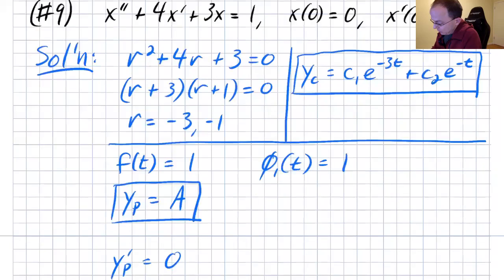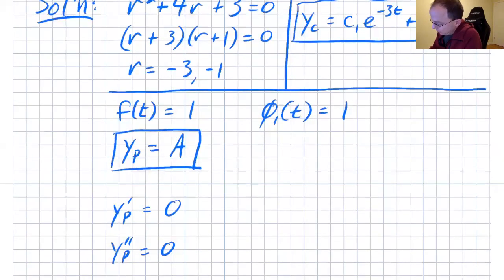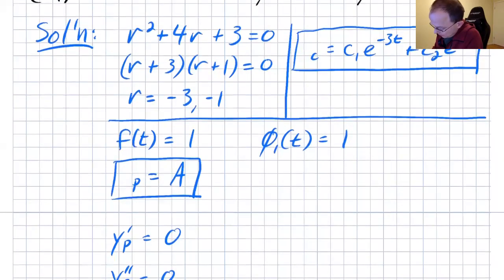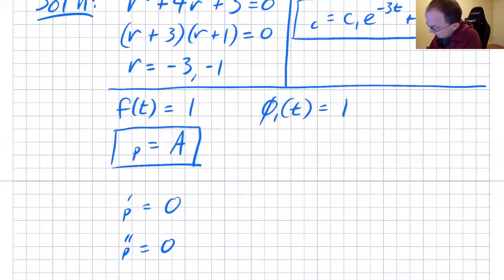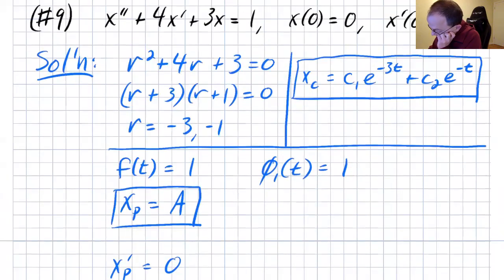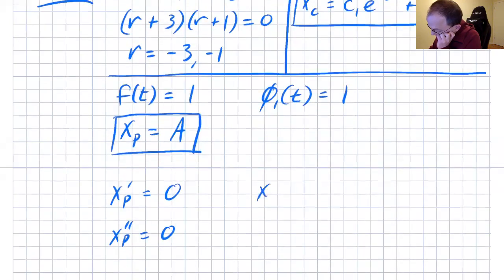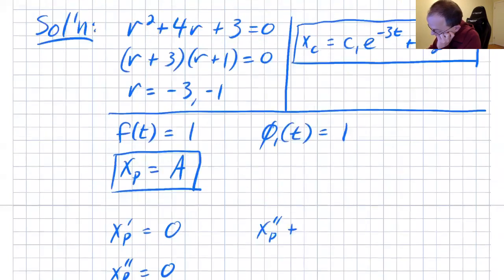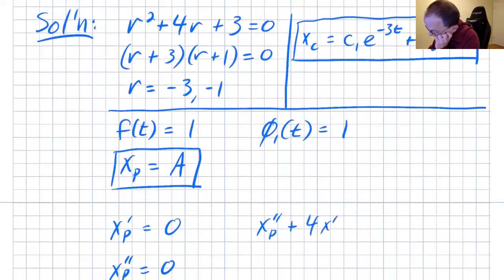So then let's substitute that in. Oh, I'm using y again. I'm so used to using y. So in this case, these are x's. So we have x_p'' + 4x_p' + 3x_p = 1.